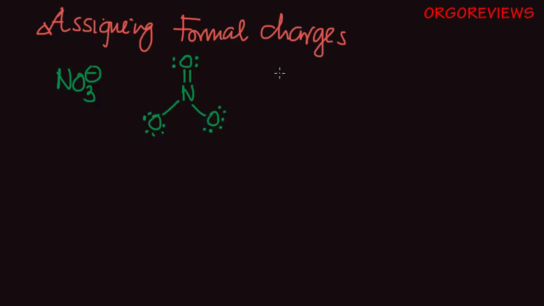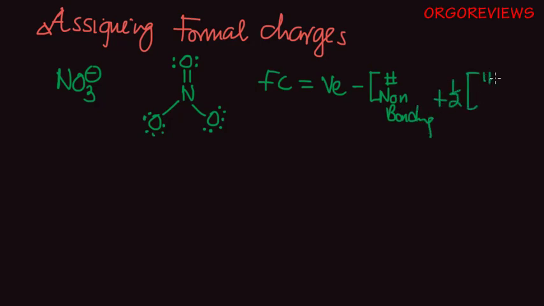To do that, formal charge is given by the formula: valence electrons of that particular atom minus the number of non-bonding electrons plus half of the number of bonding electrons. So let's take an example and see how we're going to assign the formal charge on this particular nitrogen.